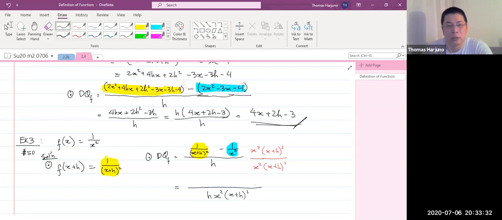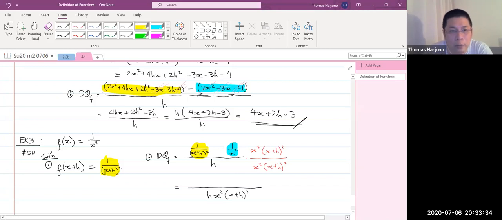Right now, I hope you understand. I didn't FOIL this part here because then I can see the LCD a lot better. Once I FOIL it, I don't think you can see the LCD faster. Then when I multiply by the LCD there, I will get x squared in the first term. So this guy times this, x plus h being squared, cancel, right?